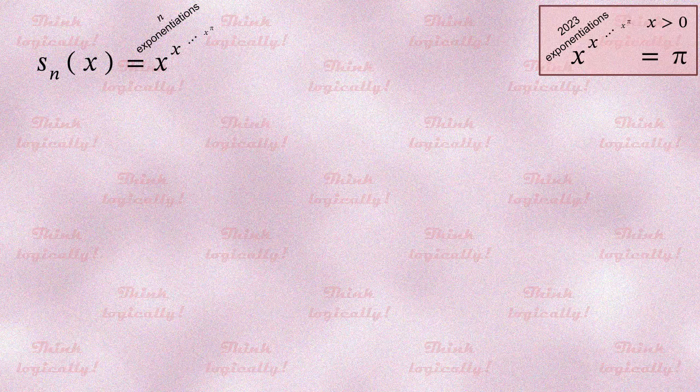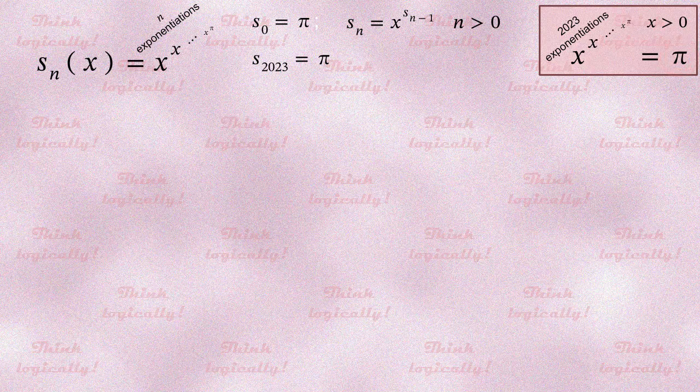S sub 0 is just pi, no operations have been performed yet, while for n greater than 0, s sub n equals x to the power of s sub n minus 1. And we want s with index 2023 to be equal to pi.